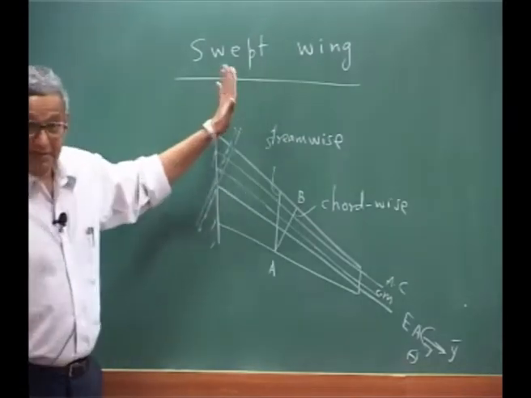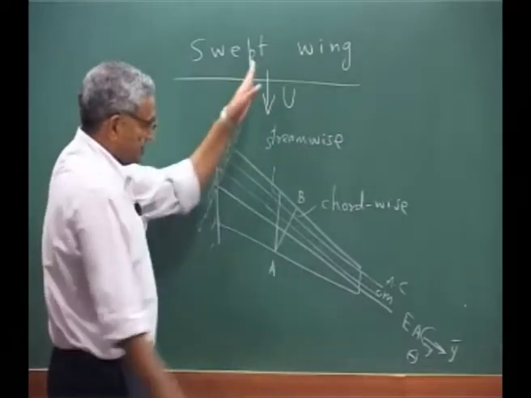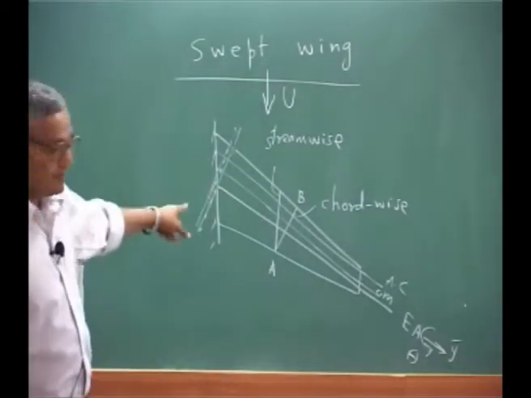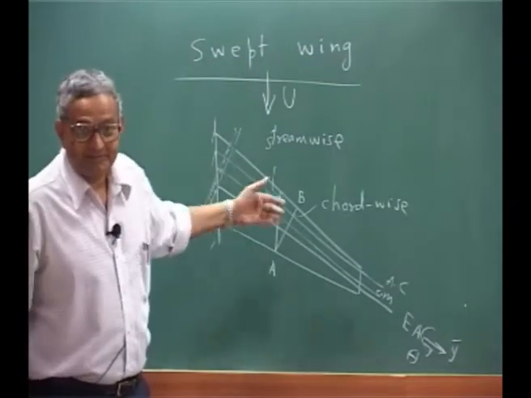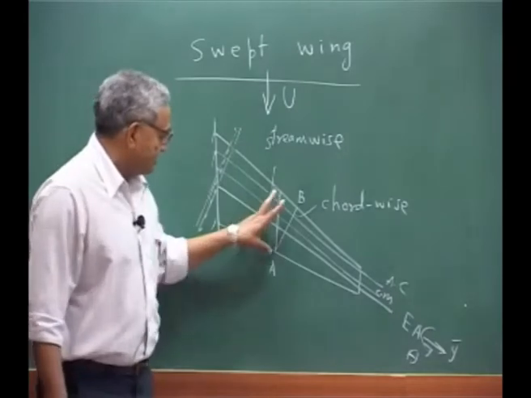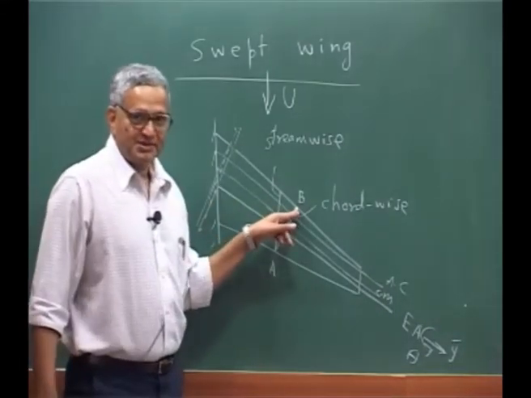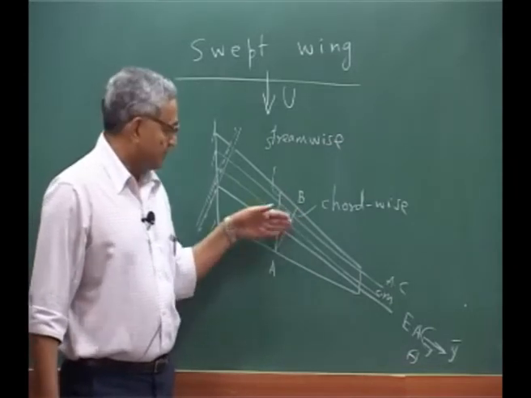If I look at, because my flow is in the streamwise direction, that is why I take streamwise as though the far field flow, how it is coming. If you look at this, these 2 points should have the same deformation out of plane.